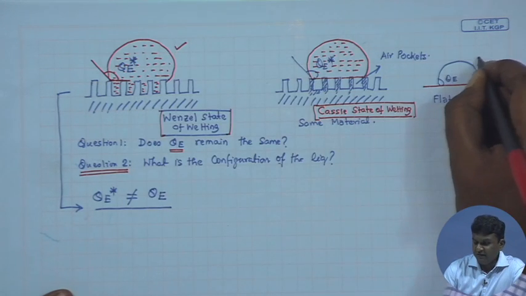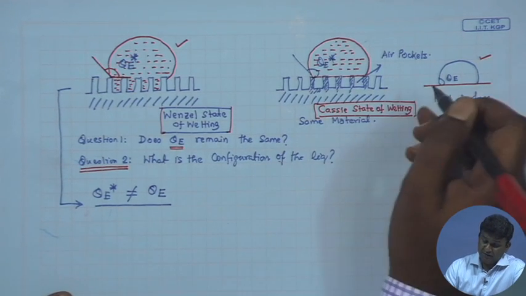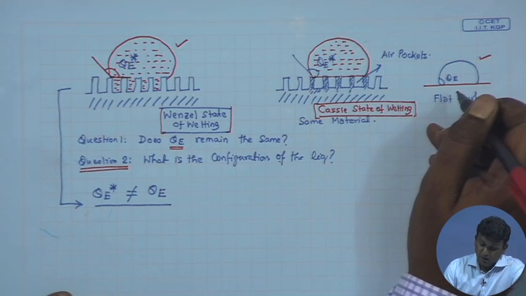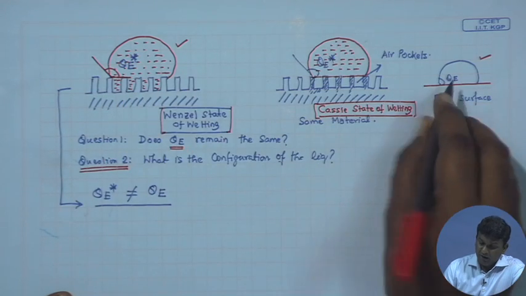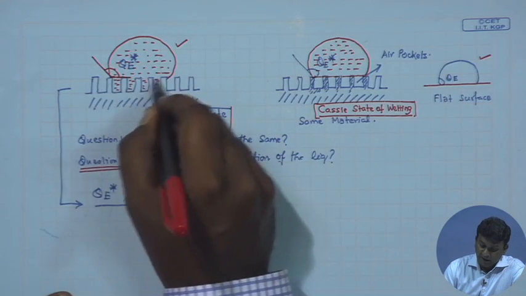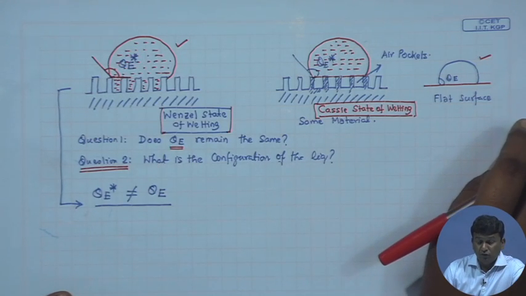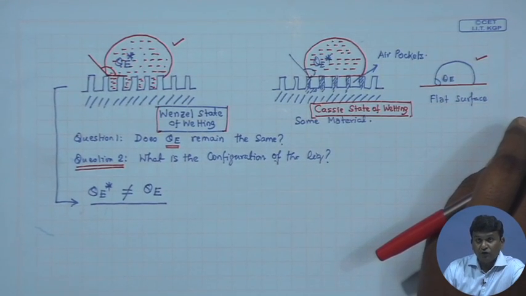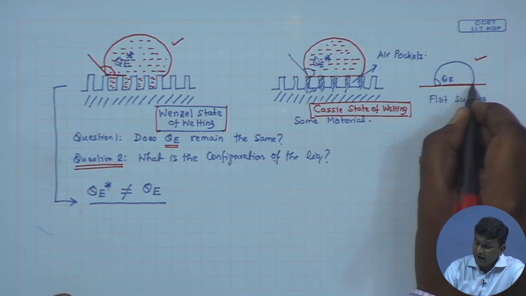This and this are rather similar in the sense that in both cases the area under the liquid drop is fully a liquid solid contact area. In this case it was flat.